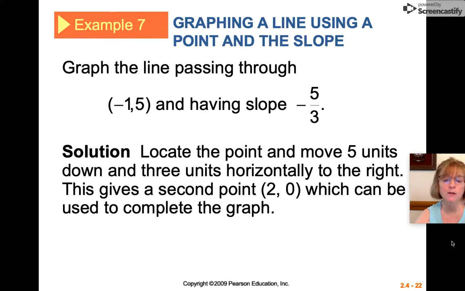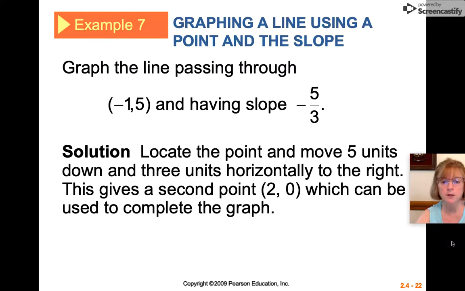Now here we're going to graph the line. So we know it goes through this one point, negative 1, 5, and we know what its slope is, negative 5 over 3. So what we're going to do is start at the point negative 1, 5, and then use our slope, the rise over run part. We're going to use that slope as directions to get us to another point.